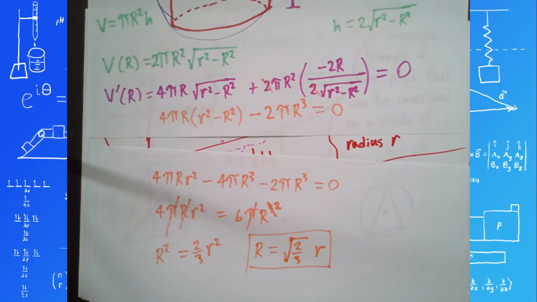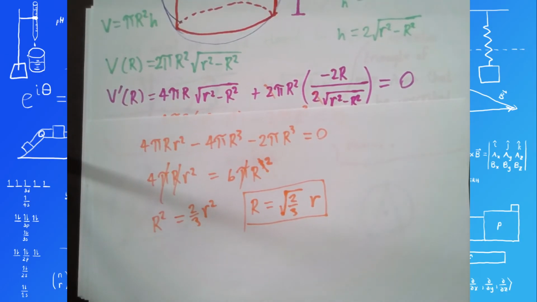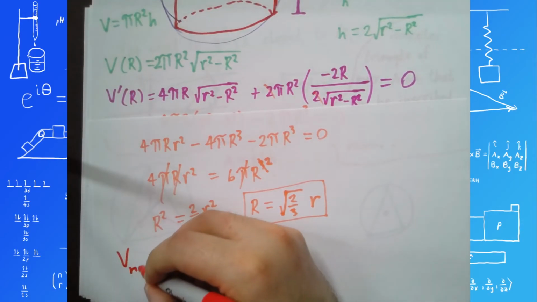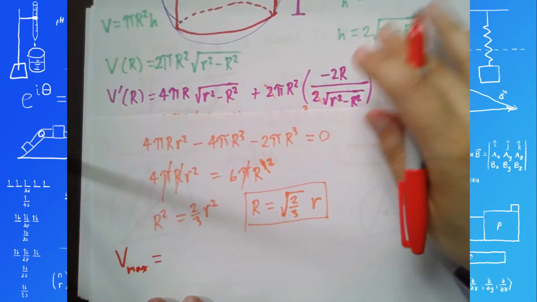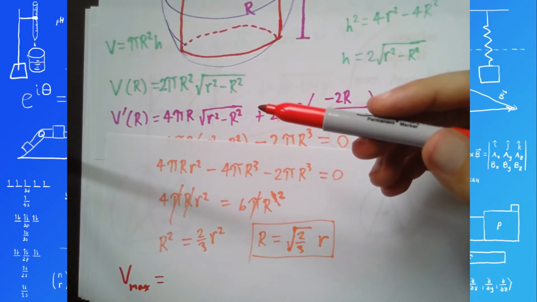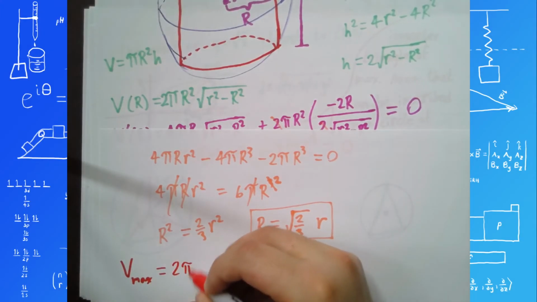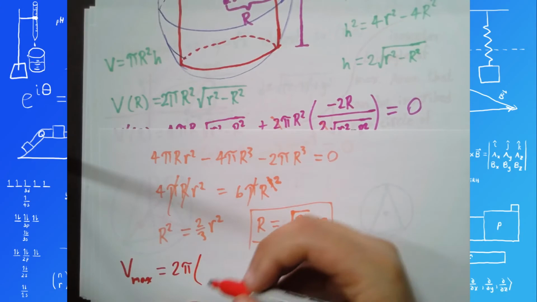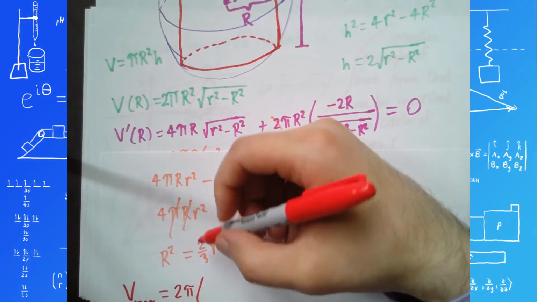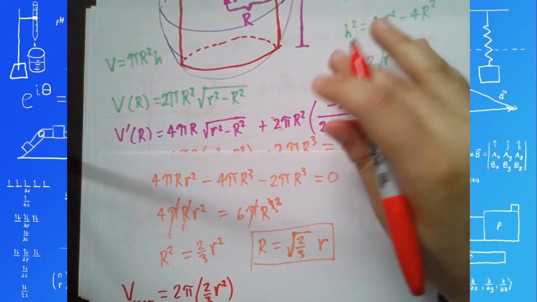Let's go ahead and plug that in. It looks like it's going to be a rather fascinating expression. So V maximum is going to be, let's see, so it's 2 pi times big R squared, so it's 2 pi times the optimal big R, big R squared is 2/3 little r squared, so no need to undo the square root business.